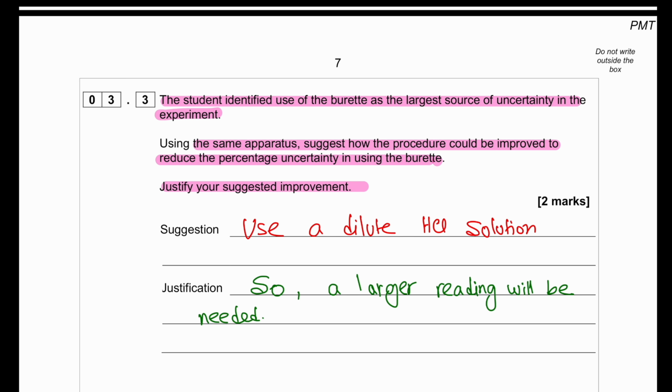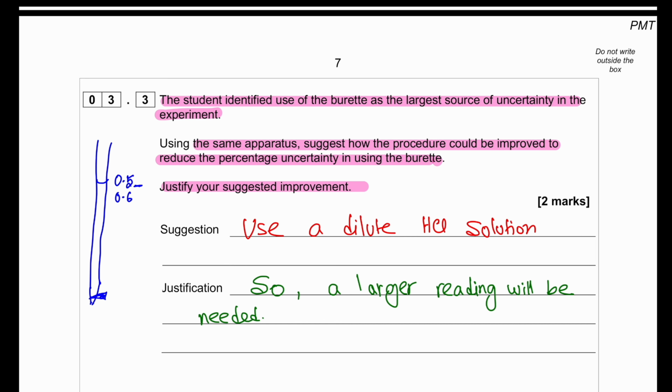Guys, if you're wondering how using a dilute solution can actually reduce the percentage uncertainty, have a look. Whenever we are taking a reading in a burette, we have a certain problem reading the burette to a particular value. For example, if the burette reads 0.5, then we cannot read the next decimal place because it could be somewhere between 0.5 and 0.6.